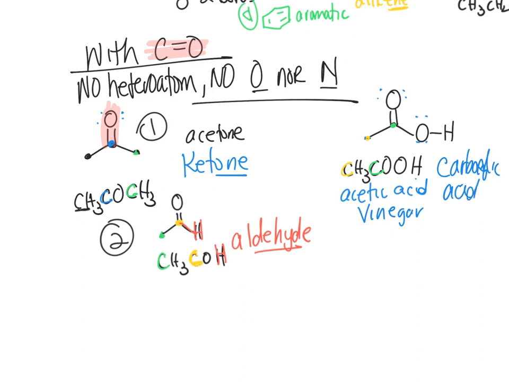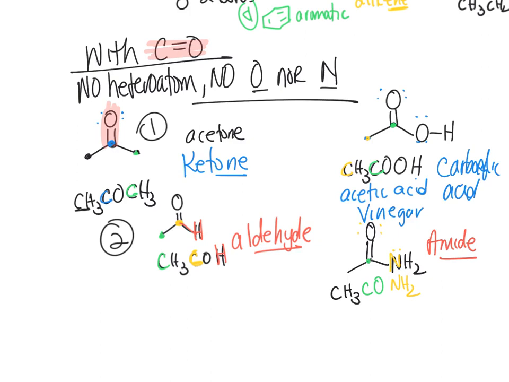Now, if you have a carbonyl and you have a nitrogen, so something like this, nitrogen has 3 bonds, 1 lone pair, oxygen, 2 bonds, 2 lone pairs. So this is your CO, and then this is your nitrogen, NH2. This is called an amide. So those are examples.